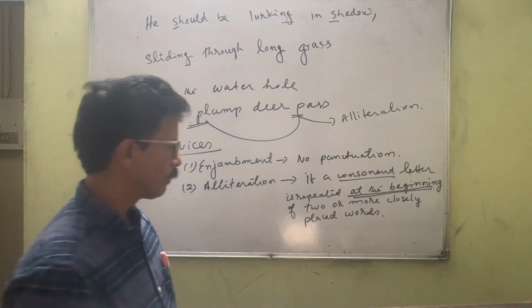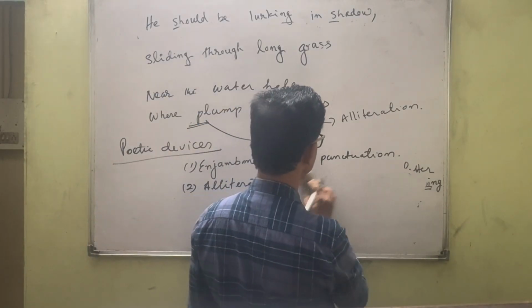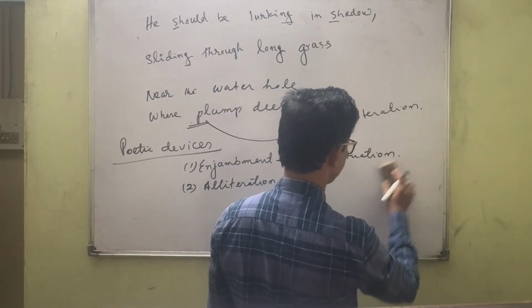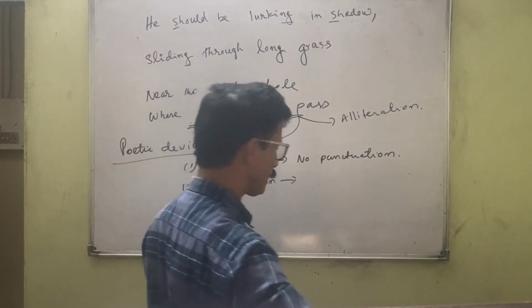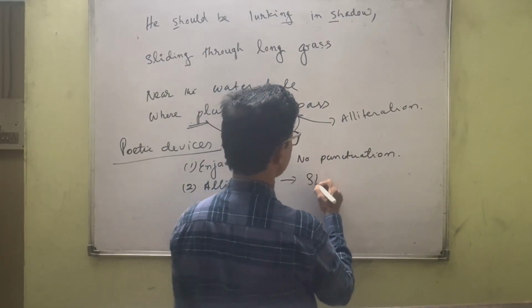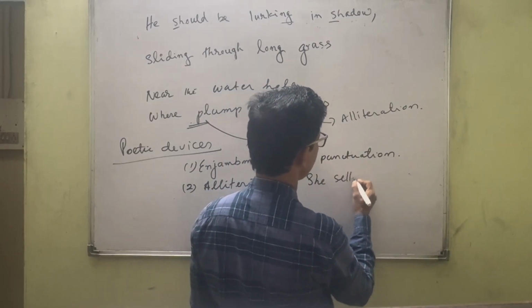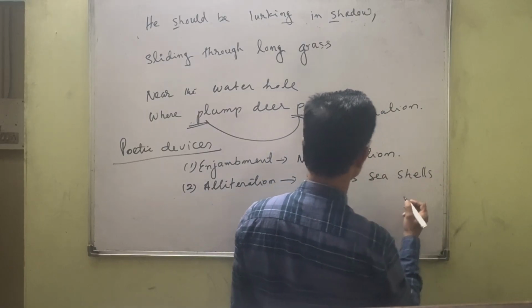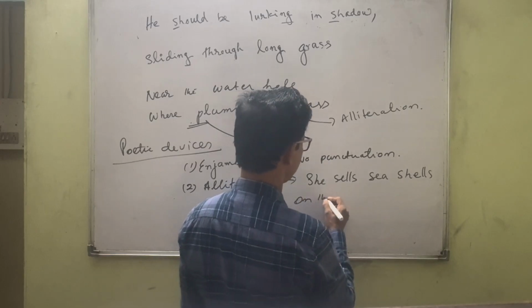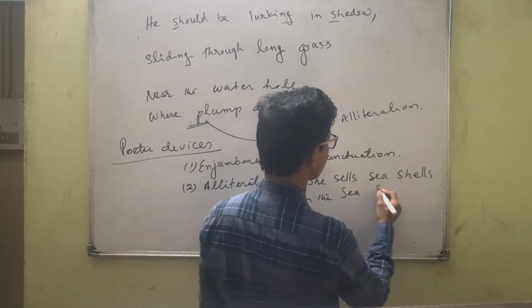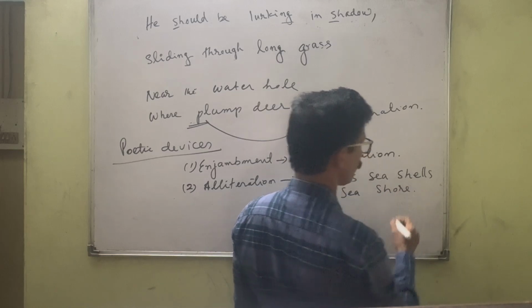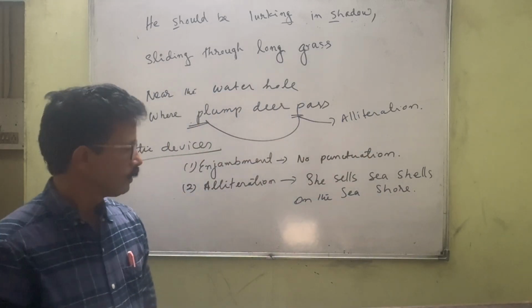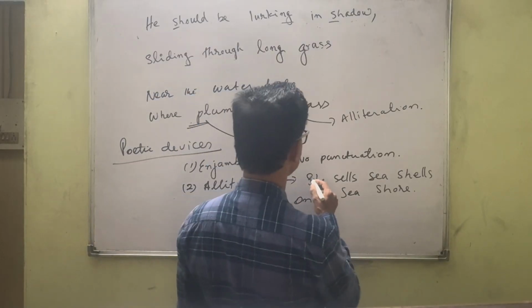Alliteration. Okay. So the best example of alliteration in the English language is 'She sells seashells on the seashore.' Very good example.